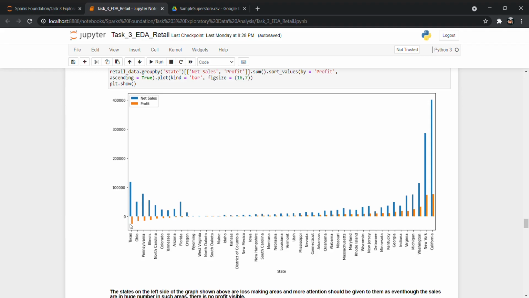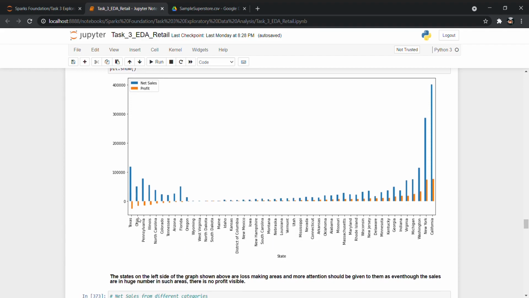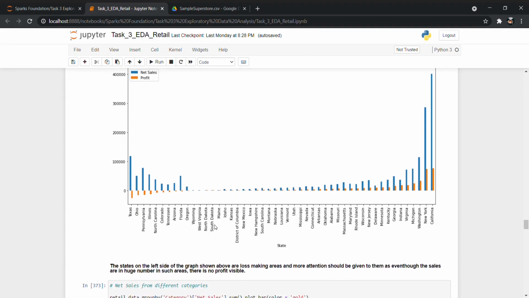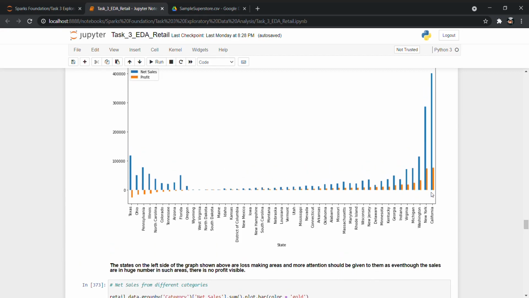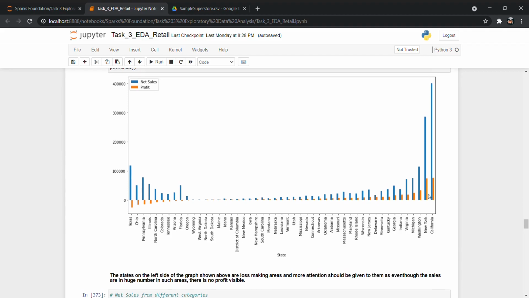We have to consider states such as Texas and Ohio, as even with high sales there is no profit in these areas, and focus should also be given to California and New York, as even with high sales there are no adequate profits seen from these regions.